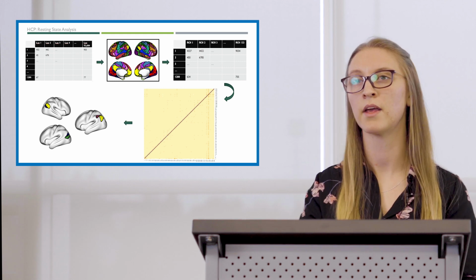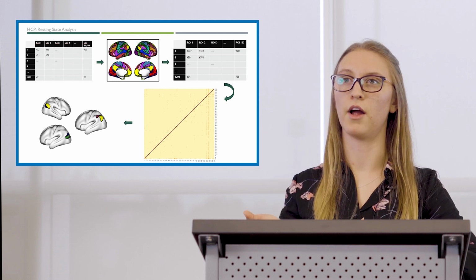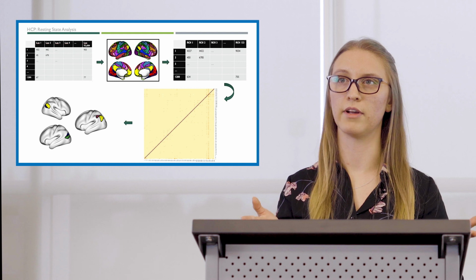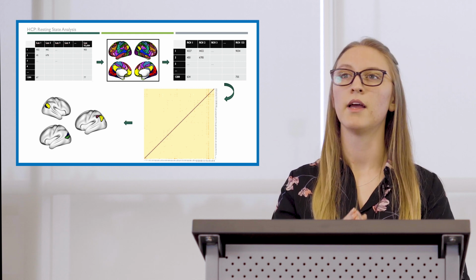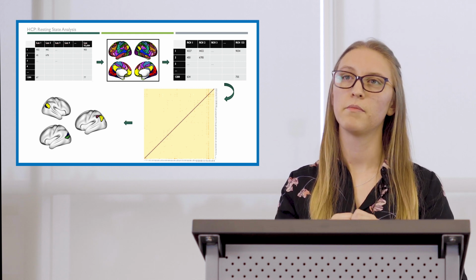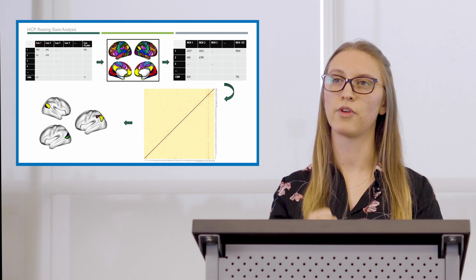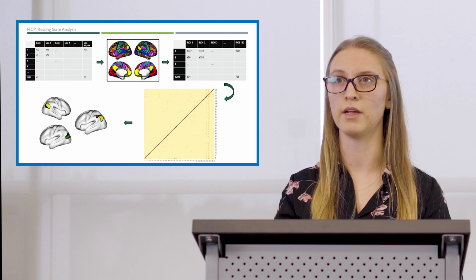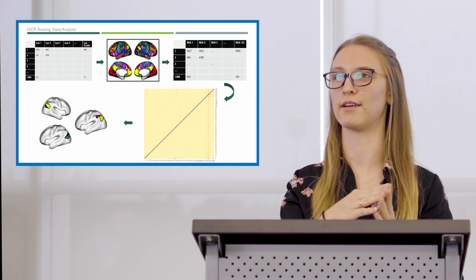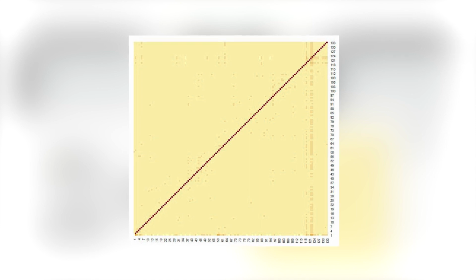So this matrix is going to be 133 by 133 rows and columns, and each location inside of the matrix tells us the strength of functional connectivity between whichever pair of regions intersects at that point. You can see that on the diagonal, they're all dark, and that's because, of course, region 1 is 100% correlated with region 1 because it's identical. And then we have these slightly darker orangey values.